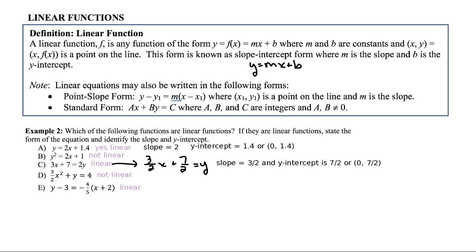All right, and then the last one that we have is part E. This one is actually in point slope form. So in this one, what we notice is that the slope is -4/5. There's a negative sign there. This one actually goes through the point -2, 3.